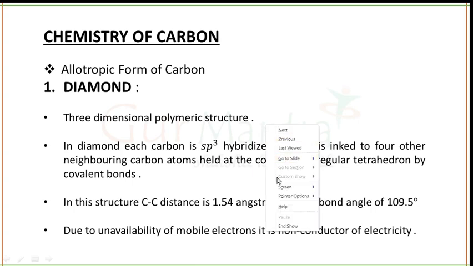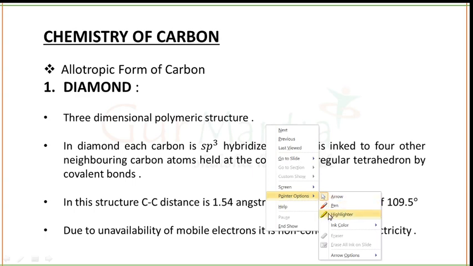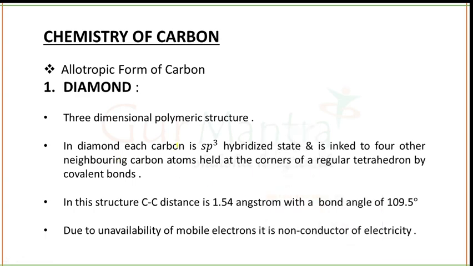You have to remember this point that in diamond, each carbon is in the sp3 hybridized state, and is linked to four other neighboring carbon atoms held at the corners of a regular tetrahedron by covalent bonds.